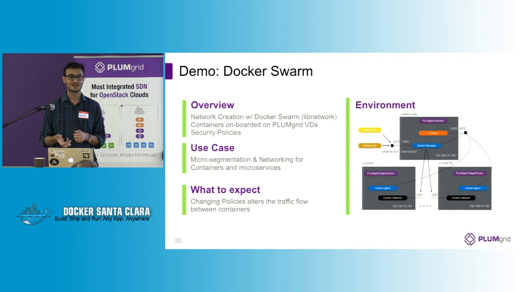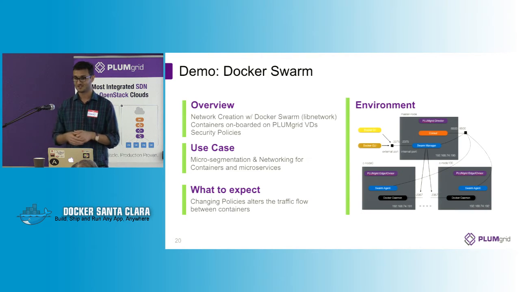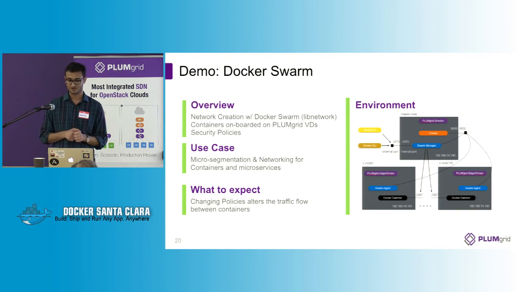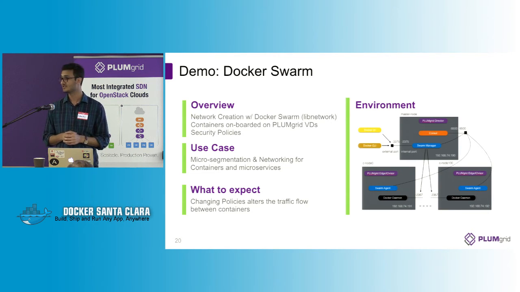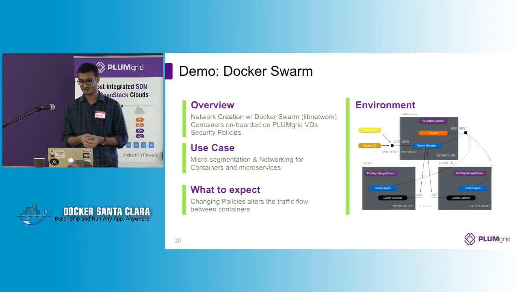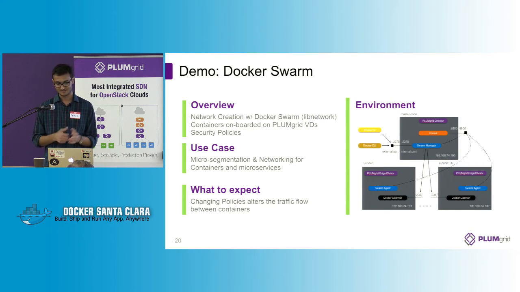I'm running Consul as the key value store, which allows these nodes to share each other's state about node discovery, and of course information about these distributed multi-host networks which are going to be provisioned. Then the Docker daemon is running on each of those nodes. I'll be using the Docker CLI for networking operations, launching containers and accessing their consoles. I'll also be using Docker UI, which is an unofficial project out there on GitHub, in this demo.